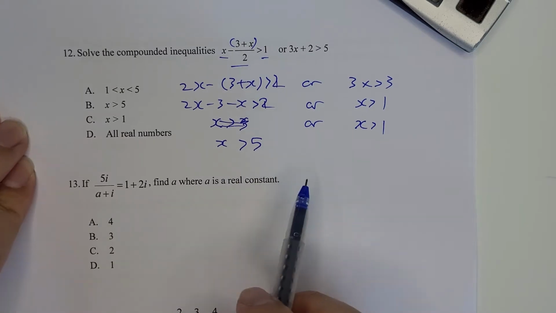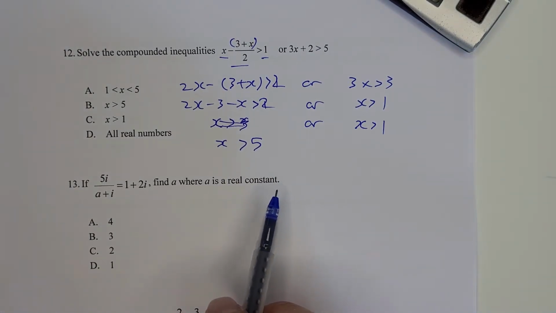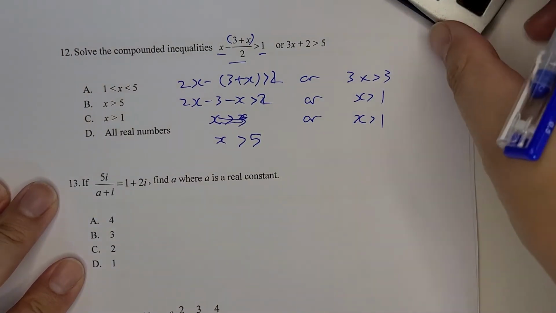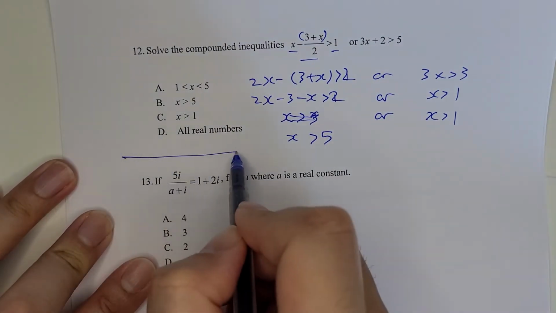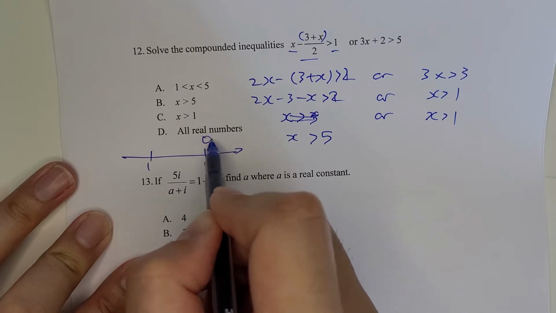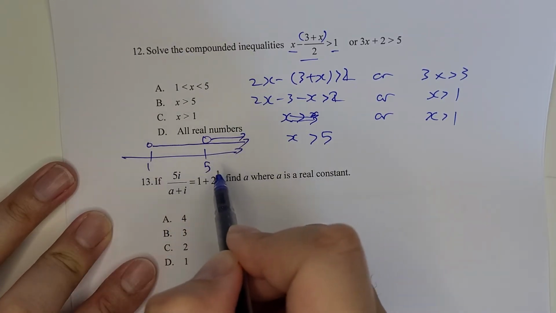Okay, so how do we find the final solution? We draw the number line, with 1 and 5. The first solution is x greater than 5 here. The second one is x greater than 1 here.